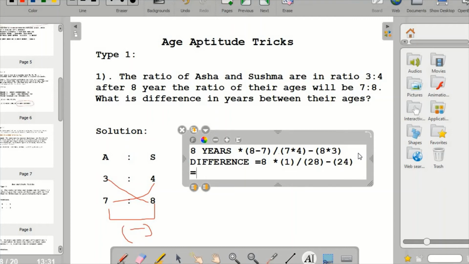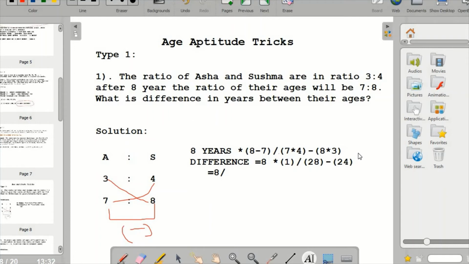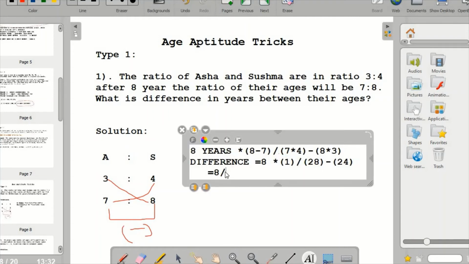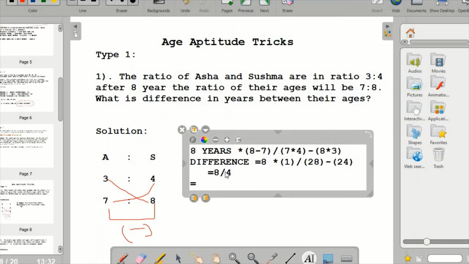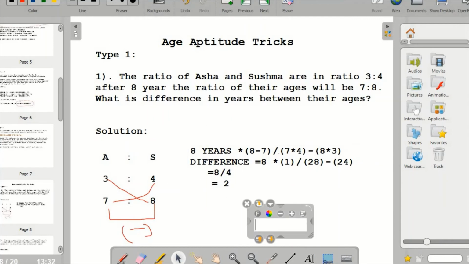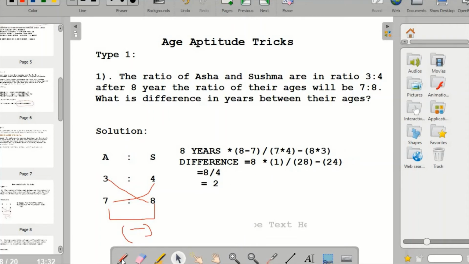So 8 by 4, which is 2. So it is concluded that the difference in age is 2. This is our answer.